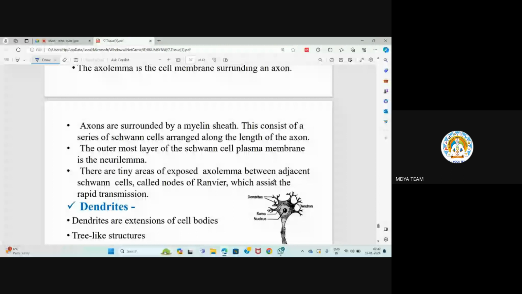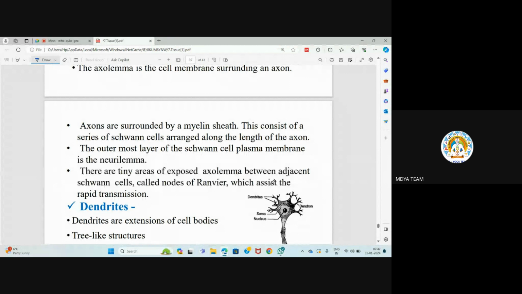Next, axons are surrounded by the myelin sheath. This consists of a series of Schwann cells arranged along the length of the axon. We've already discussed the myelin sheath.